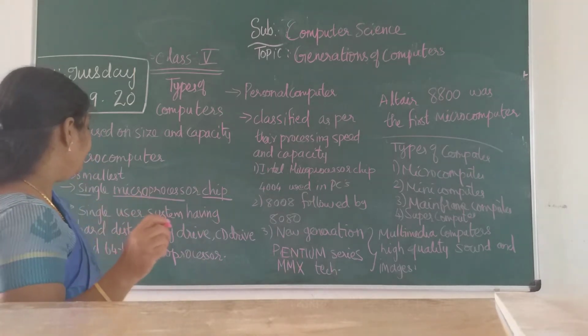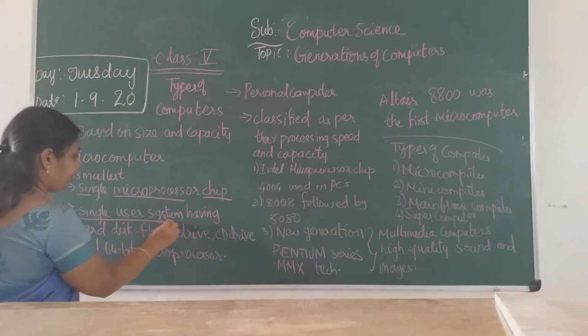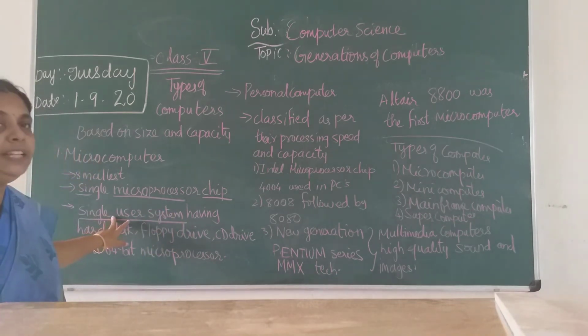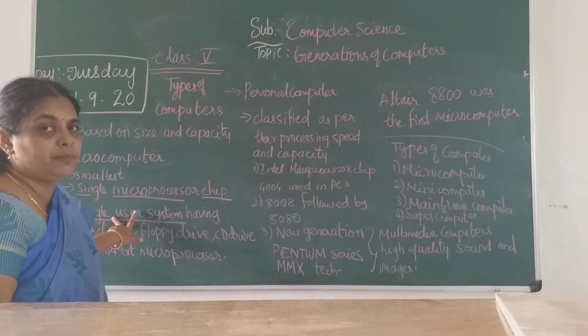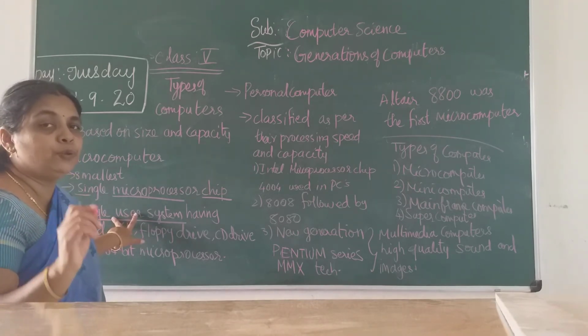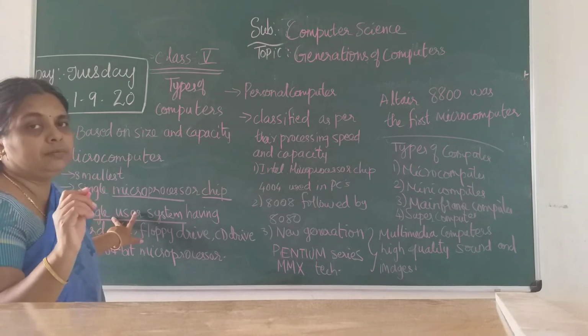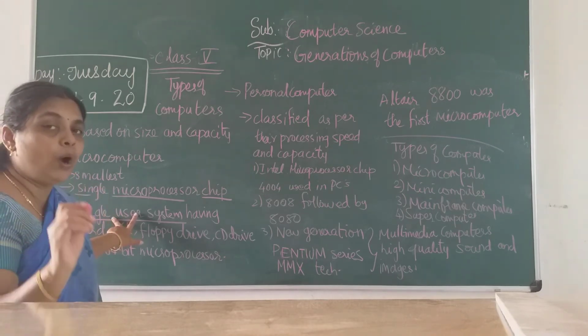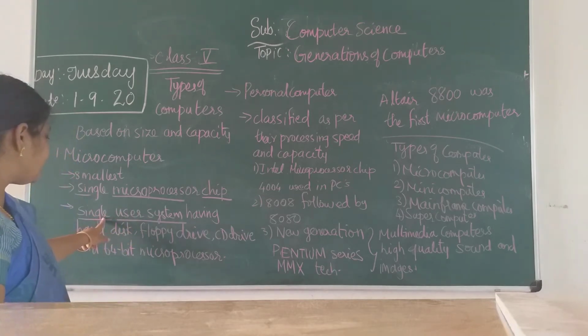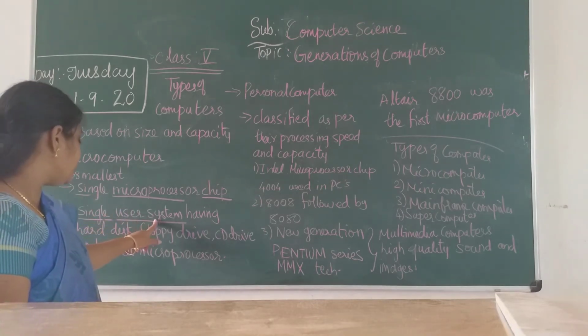Then here this is an important point children. It is a single user system. Single user system means one can do one work. At one time they can do only one work. So that's why it is known as single user system.